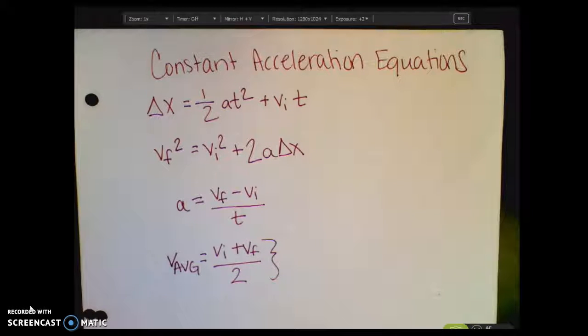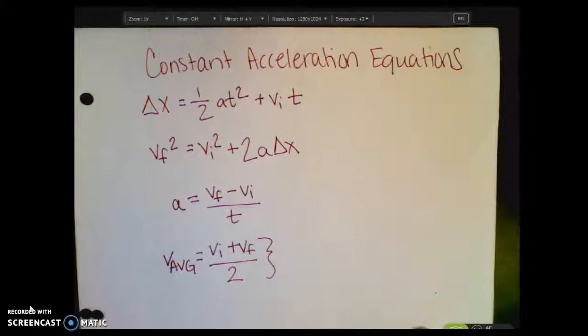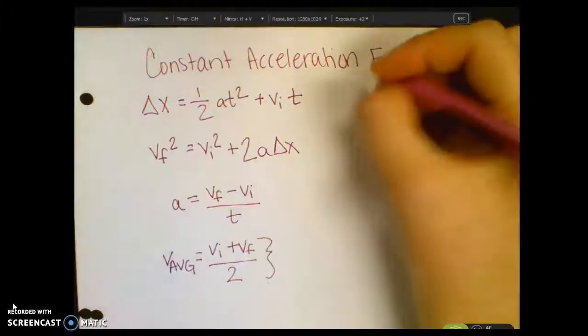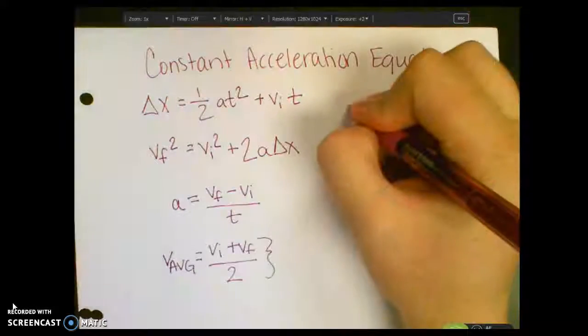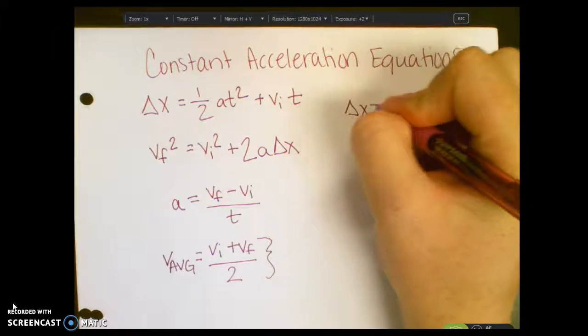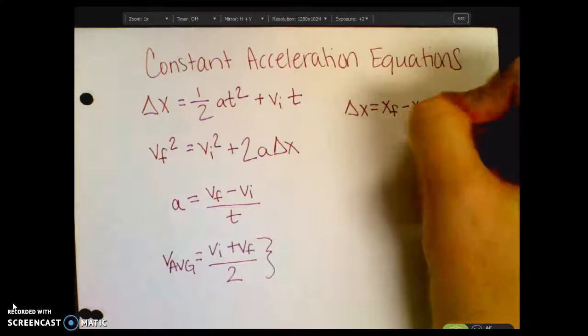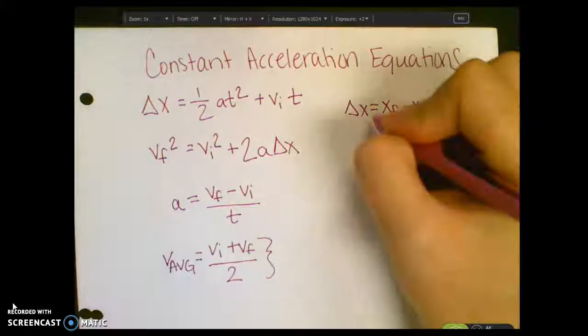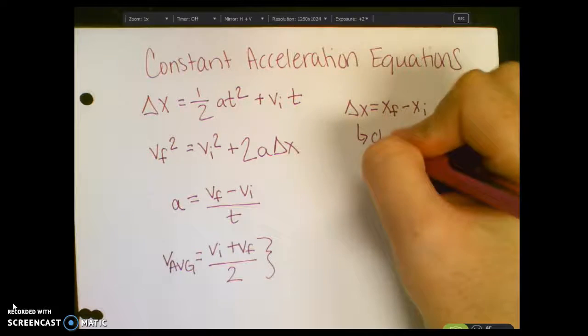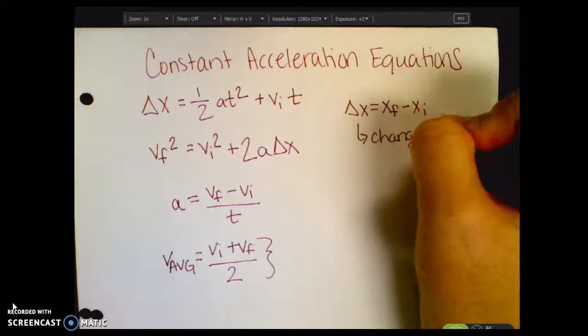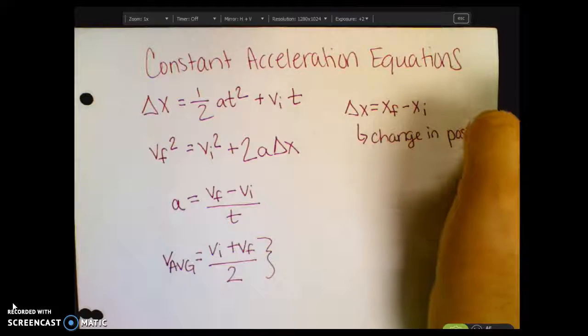Now, we are going to define all of these variables in the next few minutes. First of all, let's look at delta x. Delta x equals our final position minus our initial position. Okay, it's the change in position.